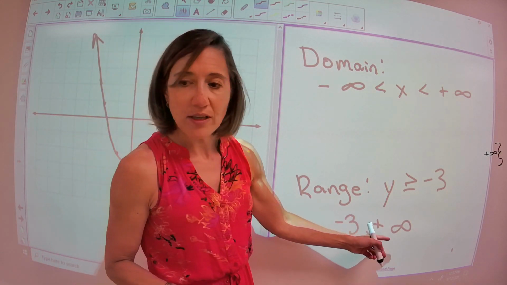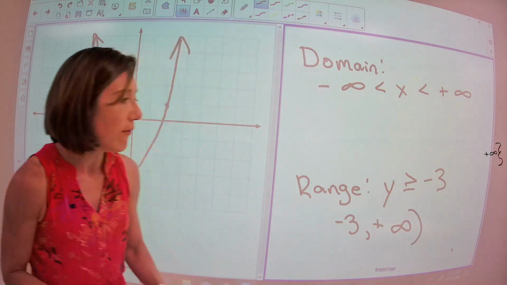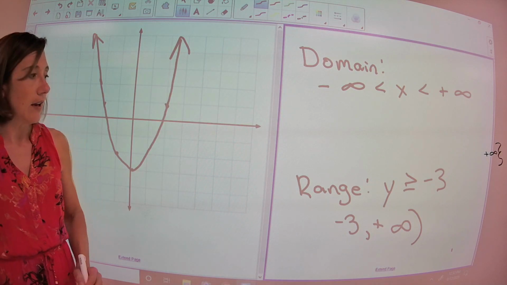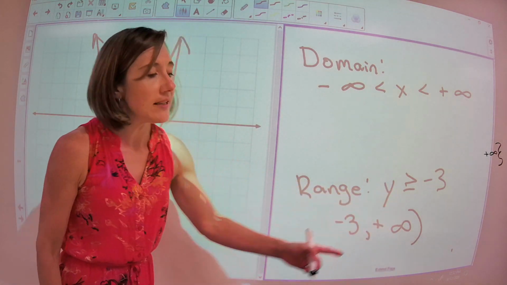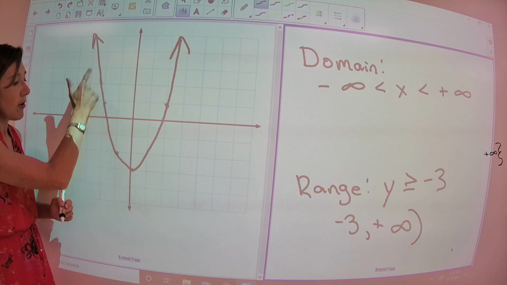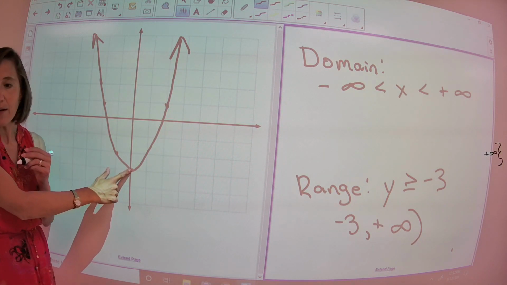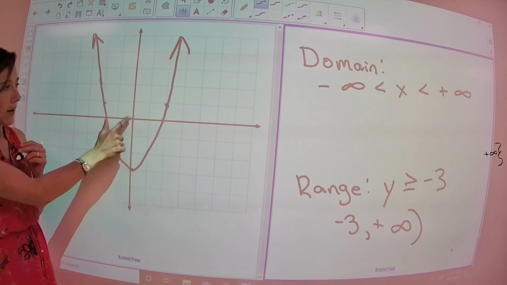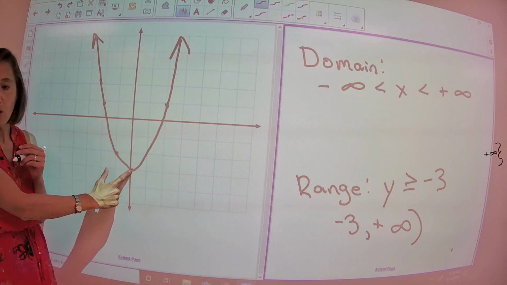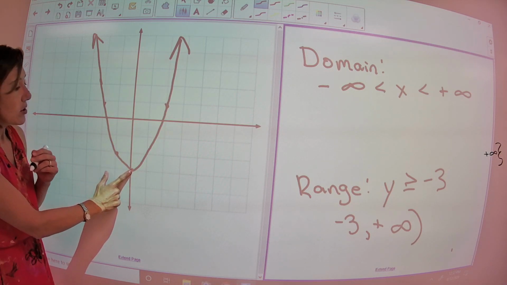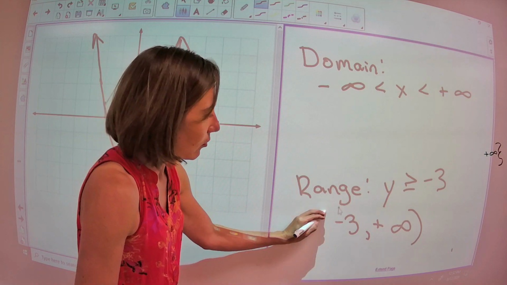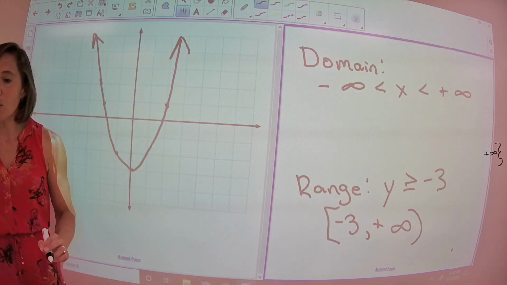Now, you can never actually get to infinity, so that's going to have a round parentheses on the end of it. However, I want to talk about this -3 end of things, because the parabola does actually get all the way down to a y value of -3. So 1, 2, 3 below the origin there. So the way that we show that in interval notation is with a square bracket.